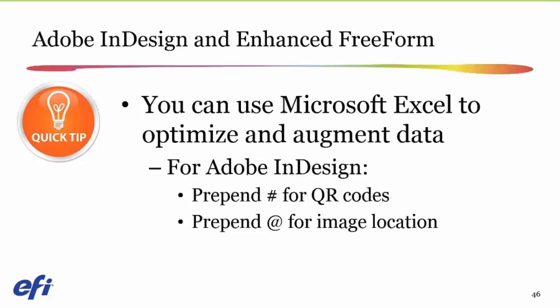Also note that in Adobe InDesign, if you prepend a hashtag in the column name, it will see that as a QR code. If you prepend the @ sign, it will look for images at the location in that column.